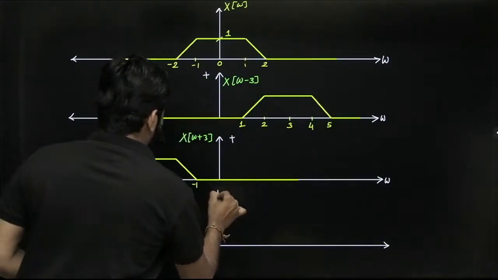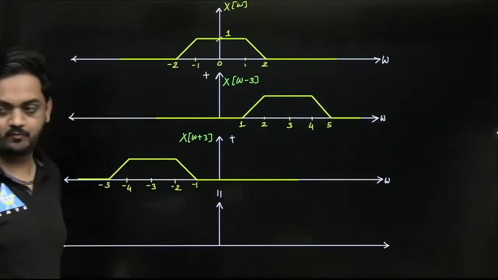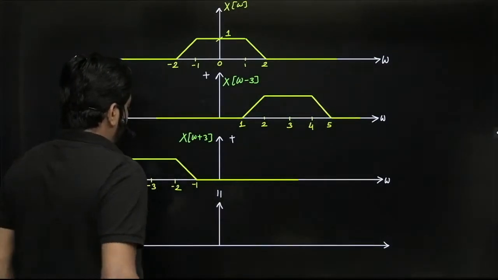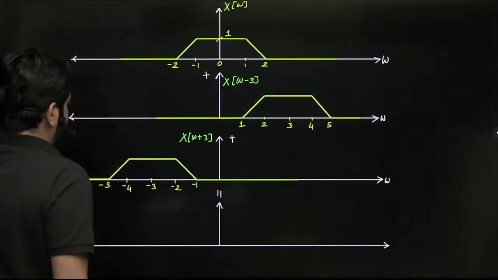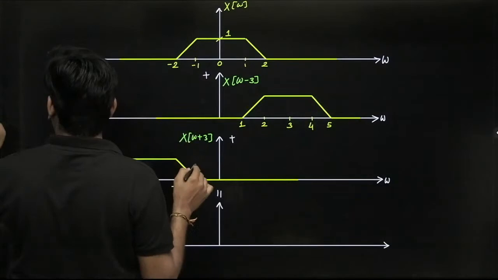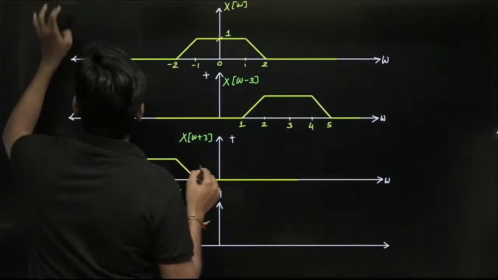The resultant signal will be xs of omega. So now let us add this. Let us observe between minus 1 and 1.